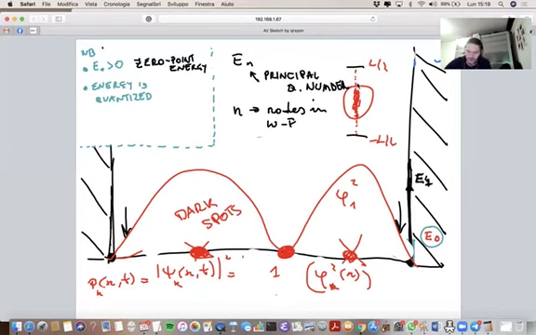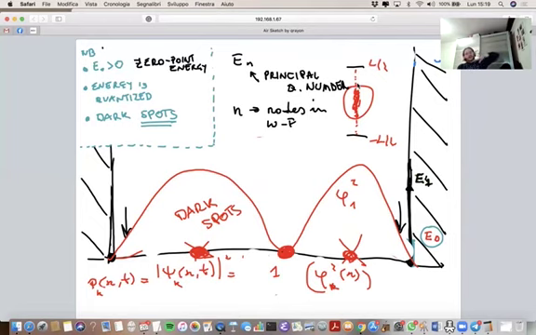There are regions where the probability of finding a particle is suppressed with respect to other parts of the box. Where these dark spots are depends on the energy of my particle.